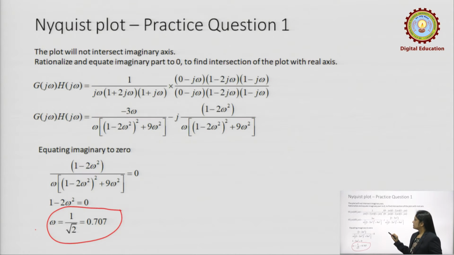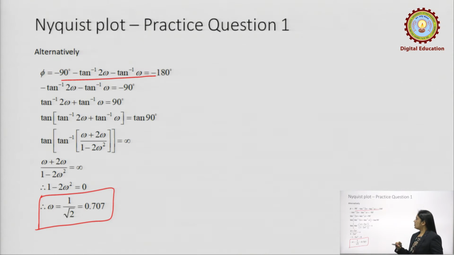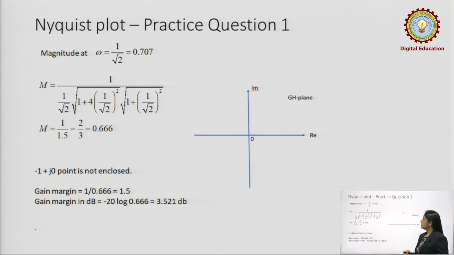So, either you can do it this way to find the frequency at which the polar plot crosses the real axis, or you can equate the phase angle to minus 180 degrees. Now, what is the magnitude at omega equal to 1 upon root 2?